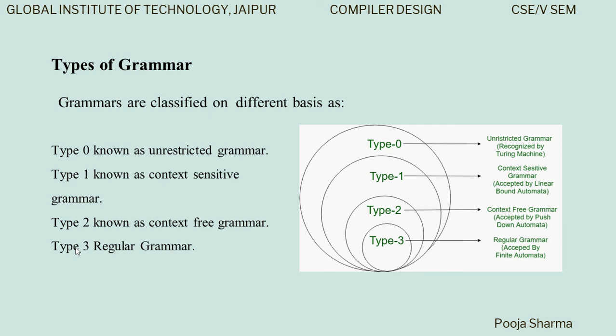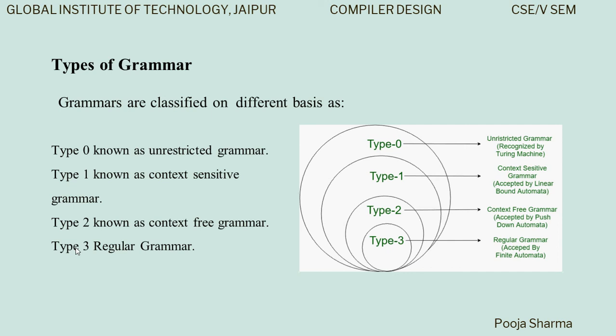Power in the sense of the types of languages for which it can construct a grammar. If you try to construct a type 3 grammar, you will find that for many languages you cannot do that.